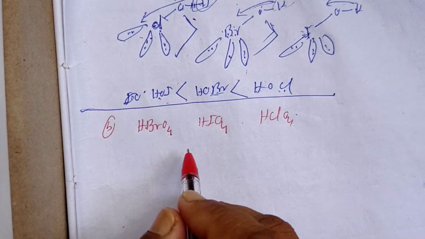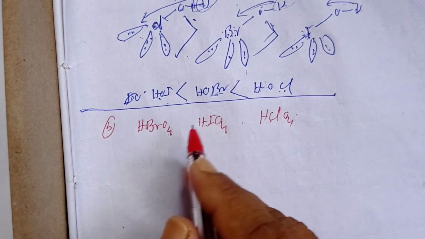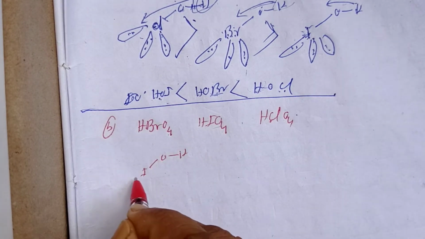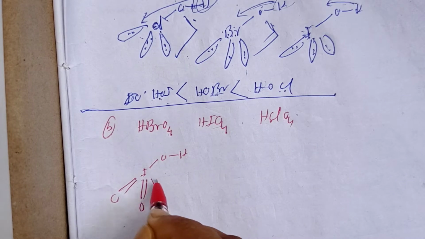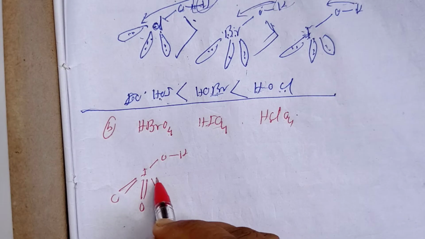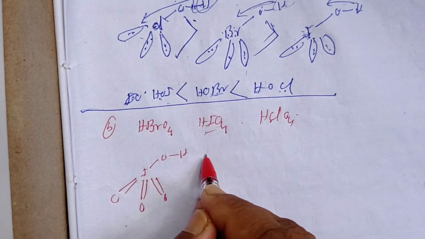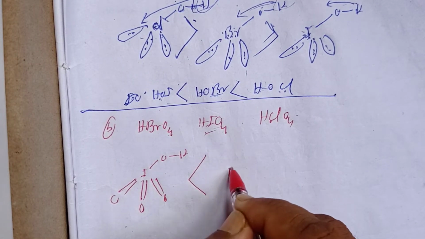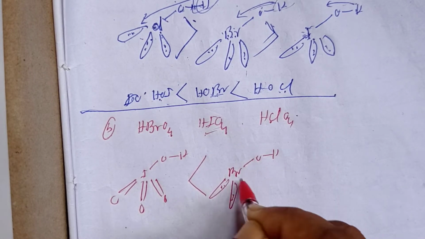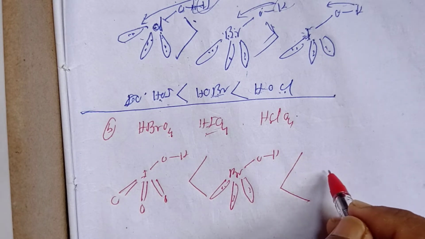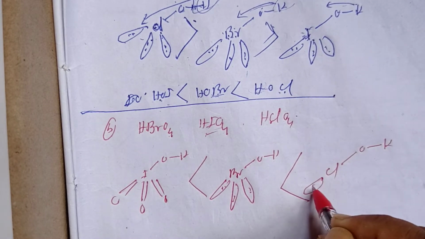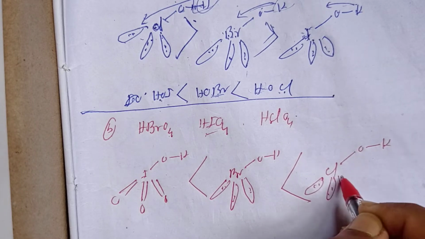The structure is the same. First chlorine, bromine, and iodine is the lowest. The structure is the same: oxygen, hydrogen, and there are four oxygens; instead of lone pairs there is one oxygen. This is the structure, and this is less than the next. Br to oxygen to hydrogen, this bond and this bond. Then chlorine, oxygen, hydrogen, this pair and this pair.